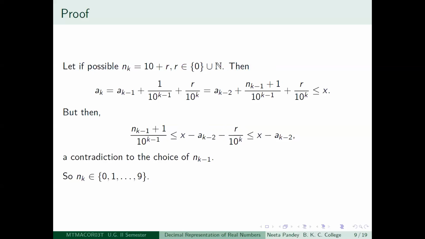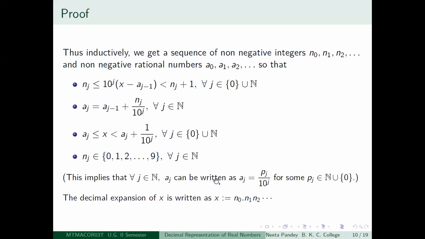Now we have to also show that this sequence is not going to end in an infinite string of nines. To prove that, I'm going to require a certain result. So this is what I have listed out here, that inductively we will get a sequence like this, so that all these properties are satisfied, and aj will look like this, because aj is actually n0 plus n1 by 10 plus, etc., till plus nj by 10 to the power j.